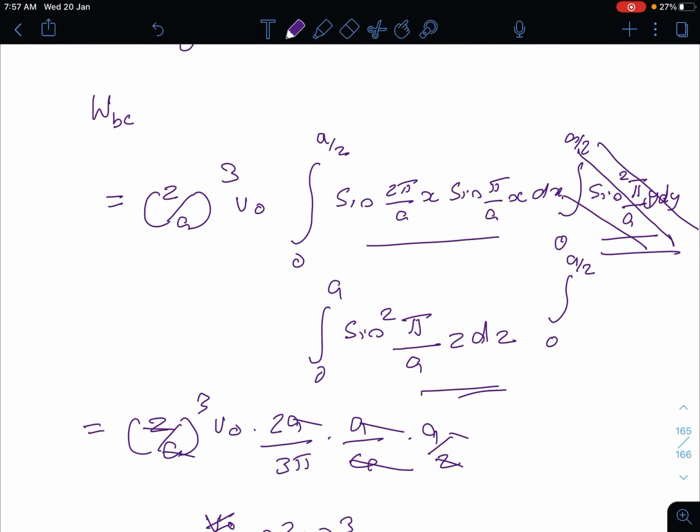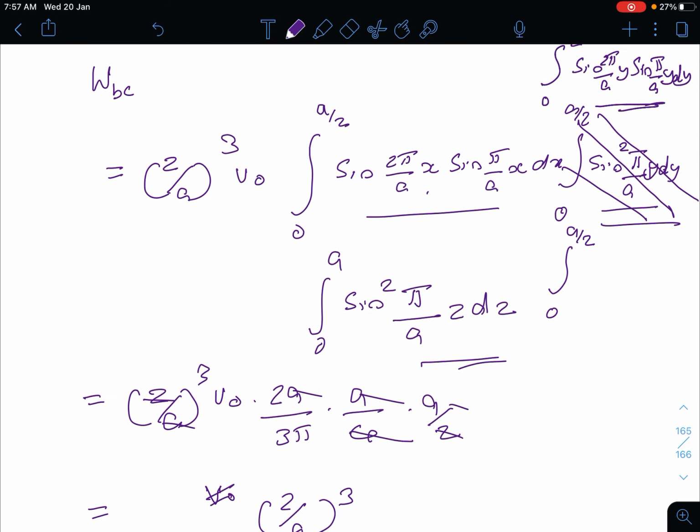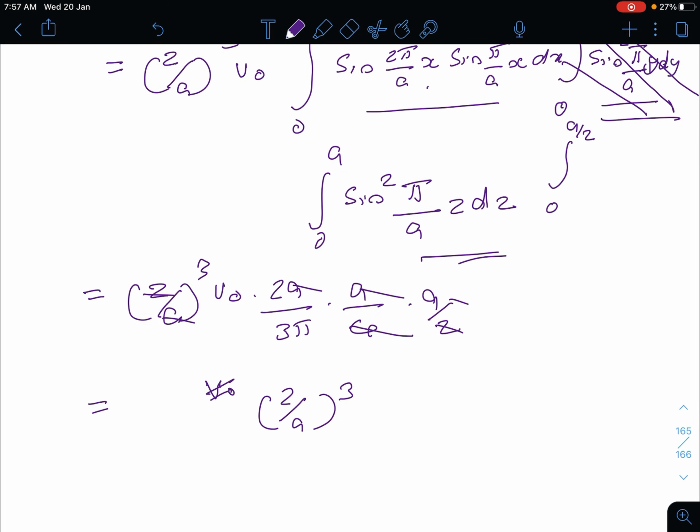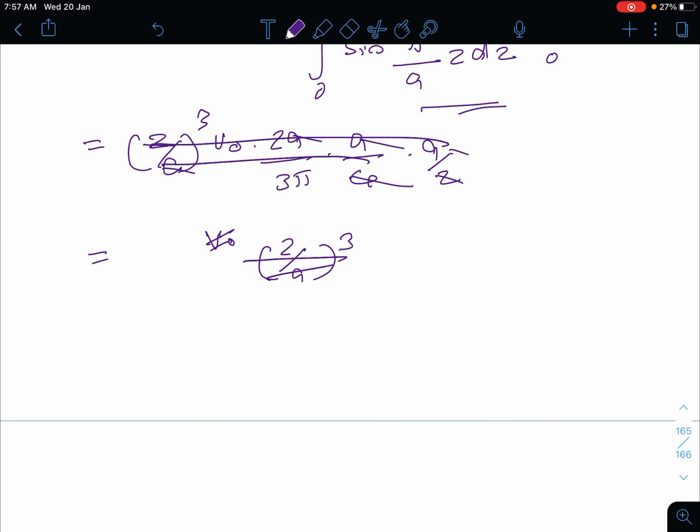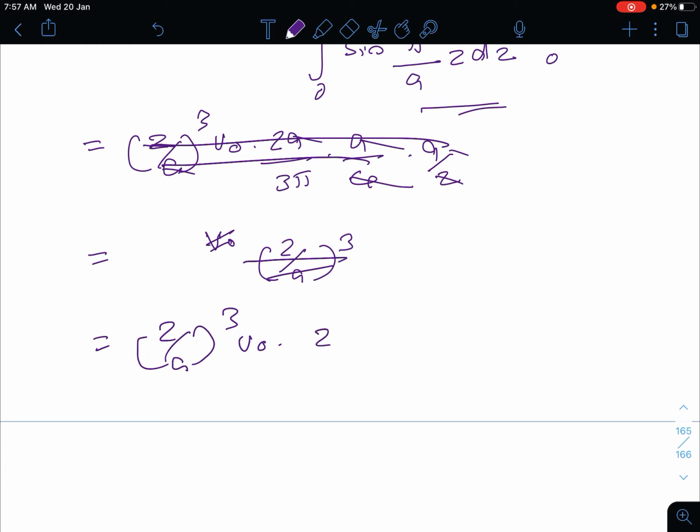BC is 2, 1. So this is simply integral 0 to a by 2 sine 2 pi by a y sine pi by a y dy. So this is also the same as this. So this is not the result, I'm sorry. The first result would be 2 by a whole cube V0, 2a by 3 pi, again 2a by 3 pi. Last term would be a by 2. Correct. Now this is fine.